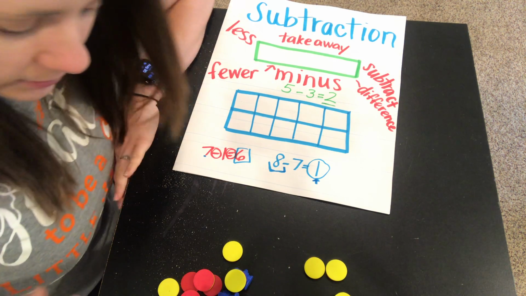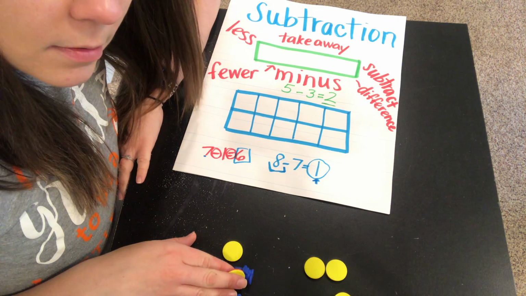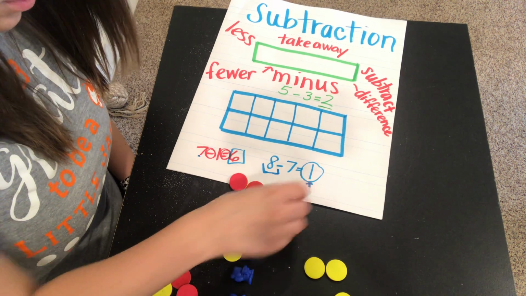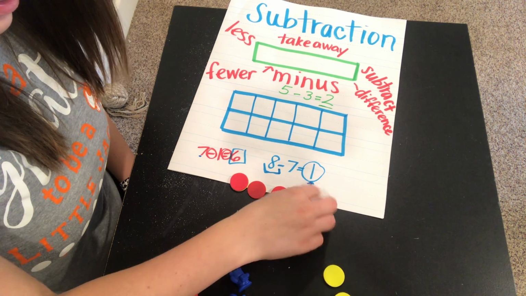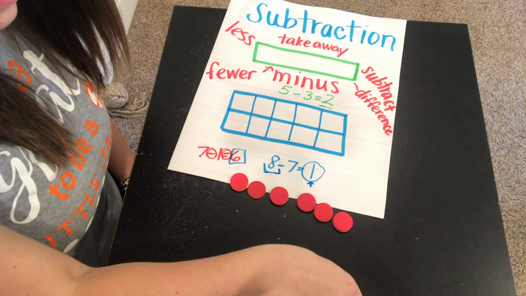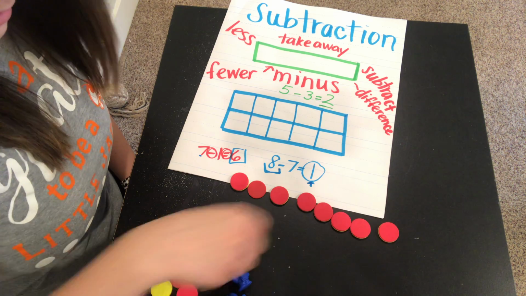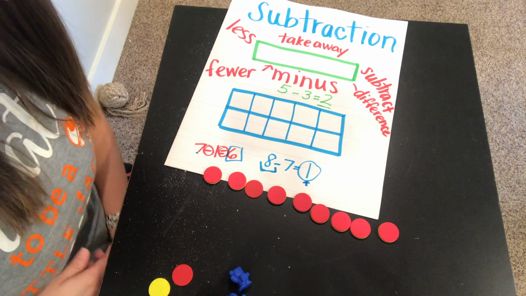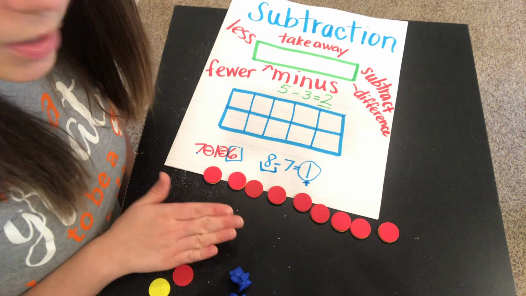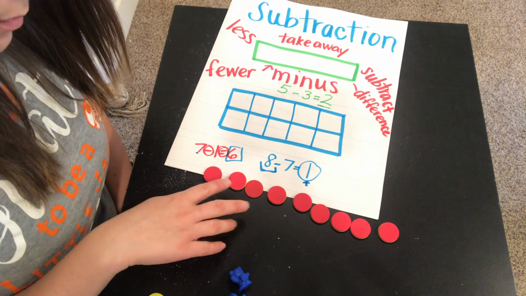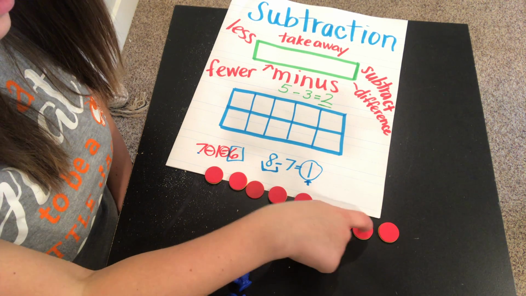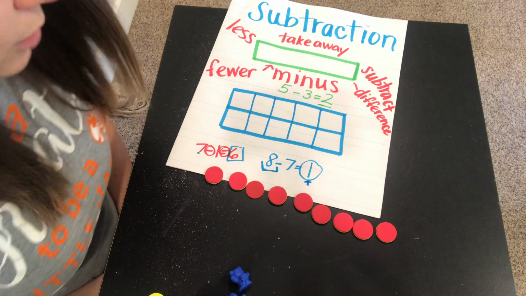Vincent has 9 basketballs. 1, 2, 3, 4, 5, 6, 7, 8, 9. He has 9 basketballs. I'm going to double check that and make sure I counted that correctly because 9 is a large number. 1, 2, 3, 4, 5, 6, 7, 8, 9. Okay, I'm good to continue.